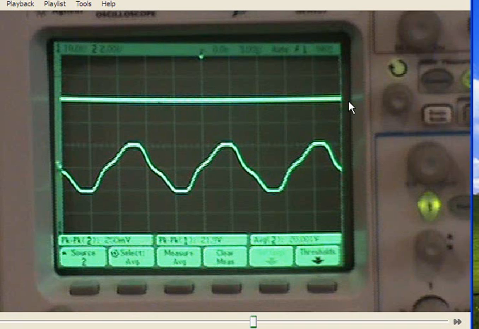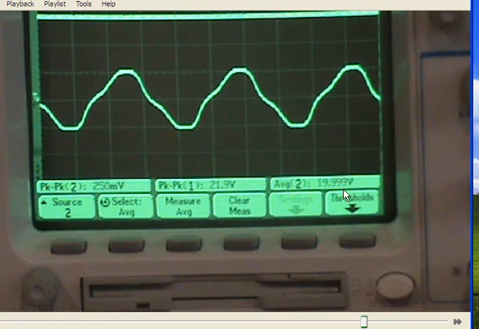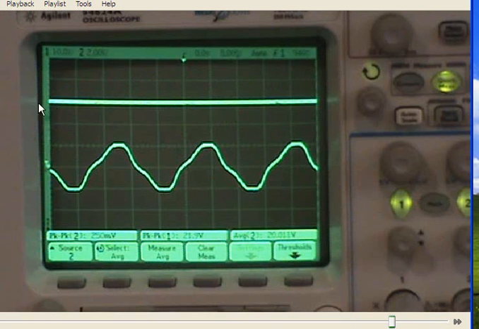The top waveform is a DC signal. That's the output from the voltage doubler. The average of channel 2 is around 20 volts, 19.999 volts, and the peak value is only 200 millivolts. So that is a DC signal at 20 volts.